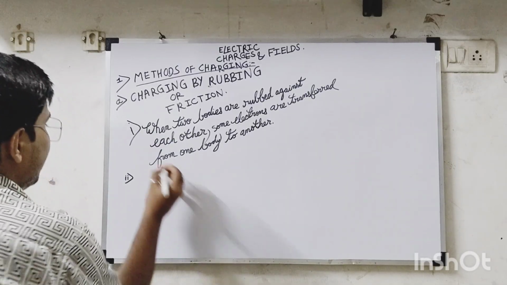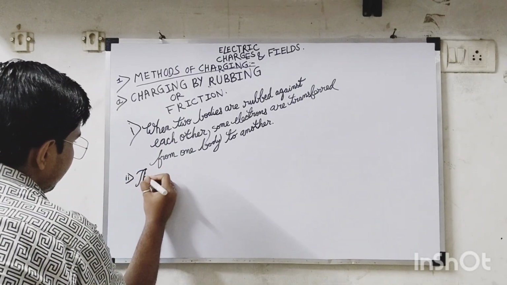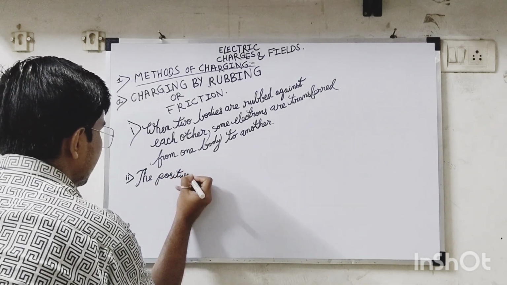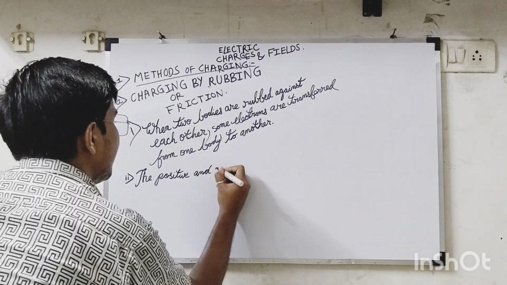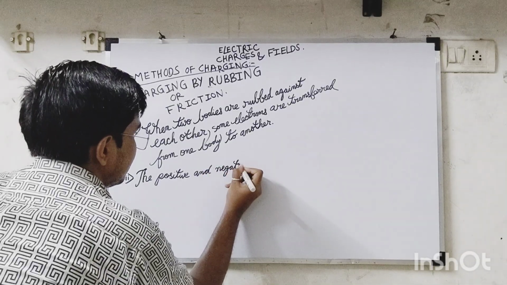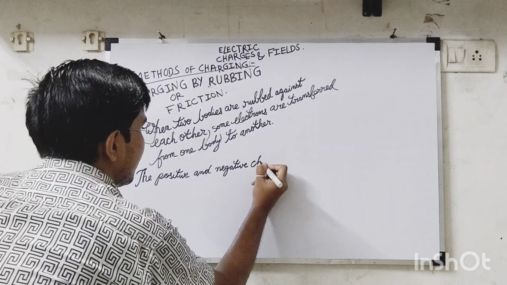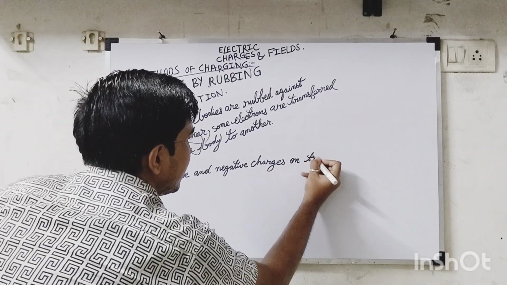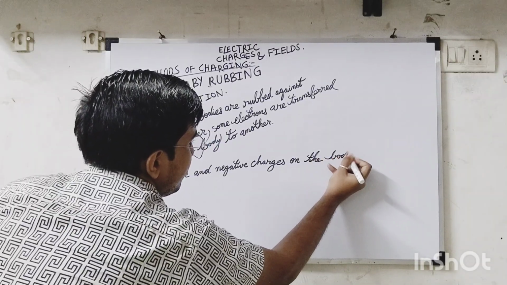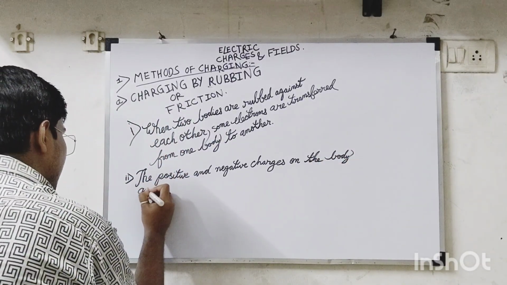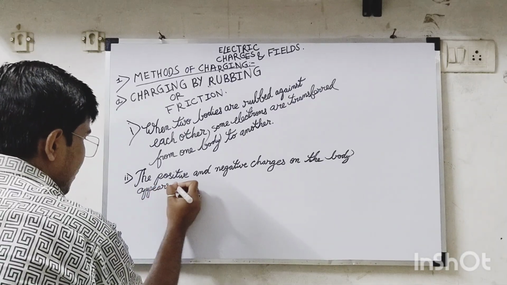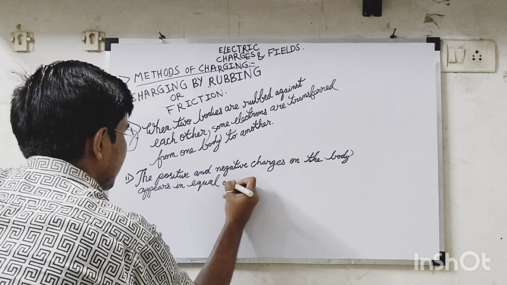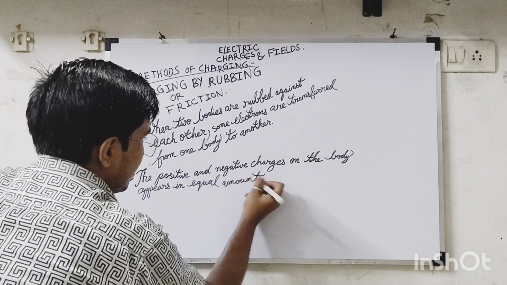Okay, the positive and negative charges on the body appear in equal amounts due to transfer of electrons.